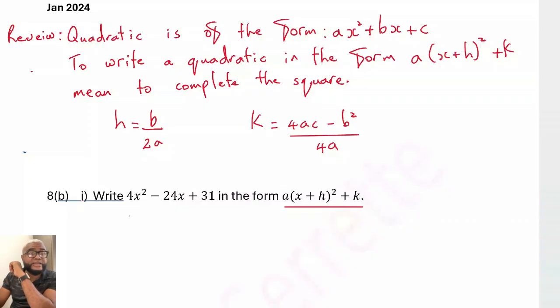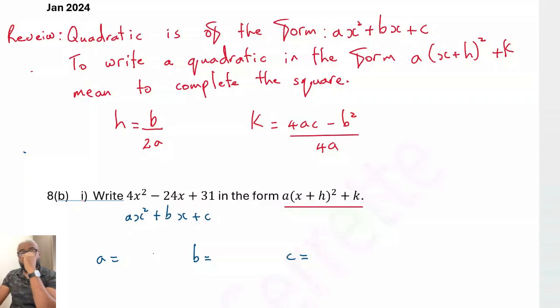A quadratic is of the form ax squared plus bx plus c. So let's examine this quadratic we were given: 4x squared minus 24x plus 31. They want you to write it in this form, which means to complete the square. So let's write down what a, b, and c are equal to.